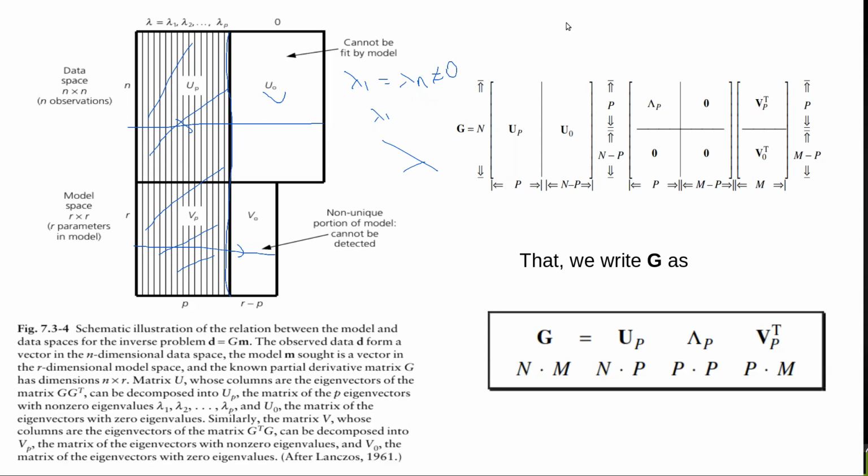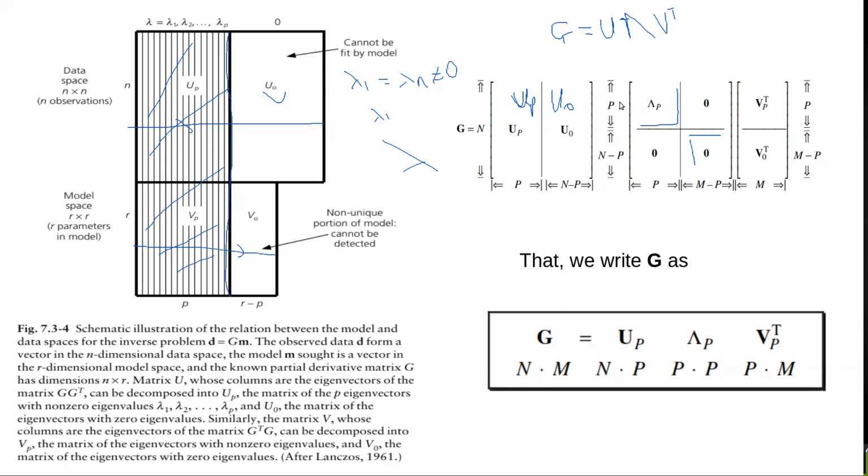And remember that G in the previous case was written as U lambda V transpose. Now if U is given by U_P and U naught, then for the P non-zero singular values we form a submatrix, and another submatrix for the zero singular values.